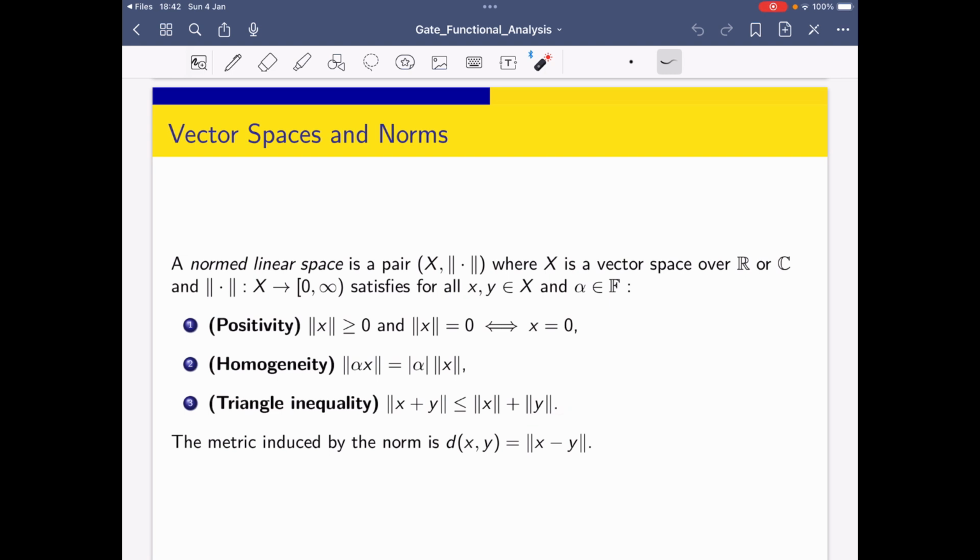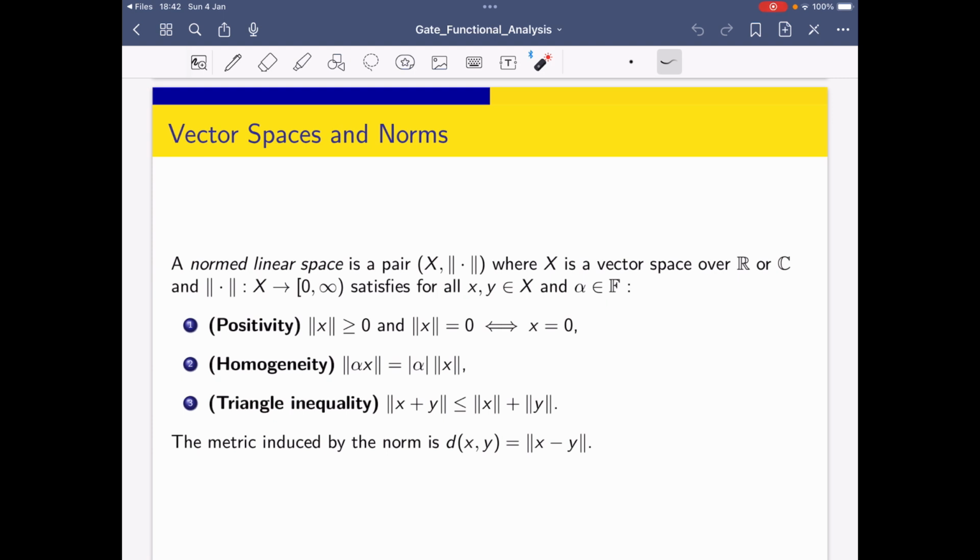A similar inequality you must have seen in dealing with metric spaces. In fact, this norm induces a metric on the space X. If you define d(x,y) in this fashion, then you would see that this d is actually a metric.